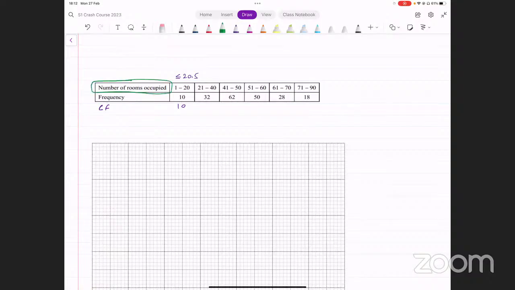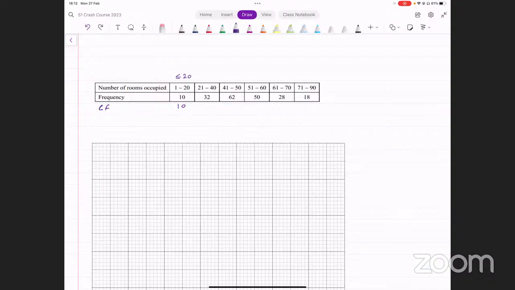But in this case, we have a variable that is discrete, number of rooms. Number of rooms cannot be in decimals, right? You can only have an integer number of rooms. For that reason, when we are drawing a cumulative frequency curve, we are not going to adjust these intervals for data sets like this. This is discrete data.